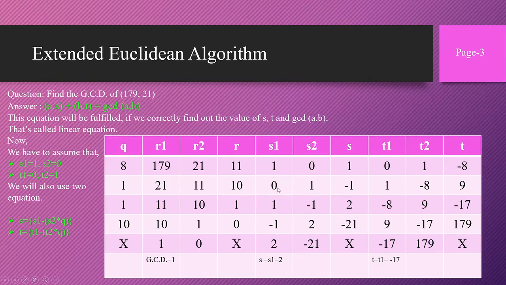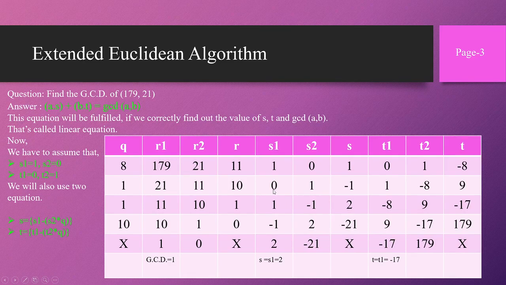Then here S1 will be 0, S2 will be 1. So we have to find out the value of S using this equation. Next, similarly, we have to find out the value of T using this equation. So the value of S is equal to minus 1.